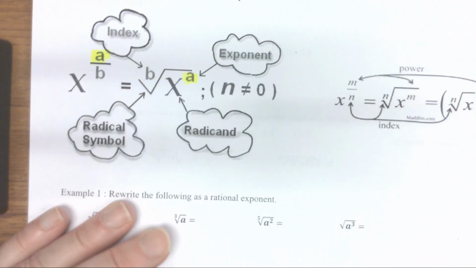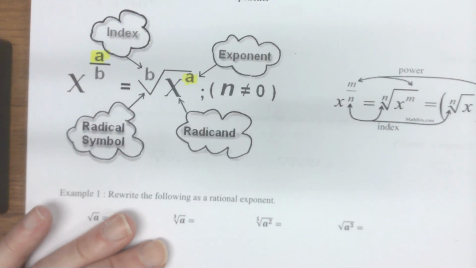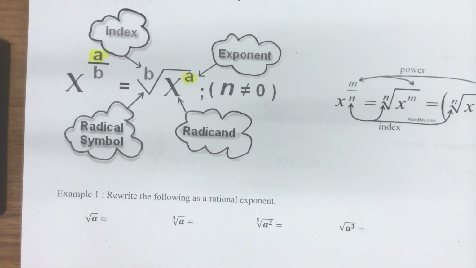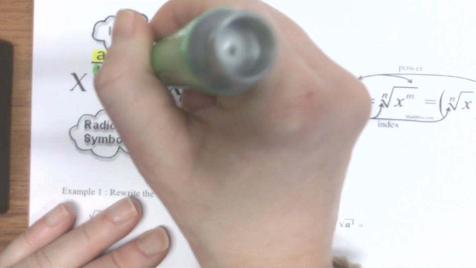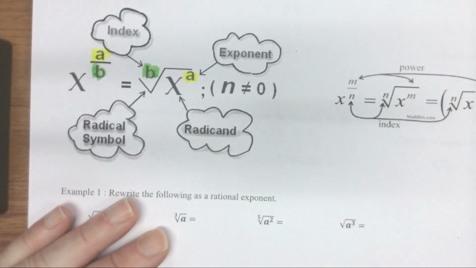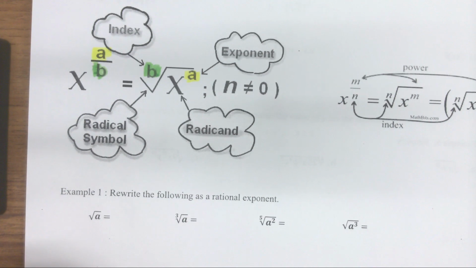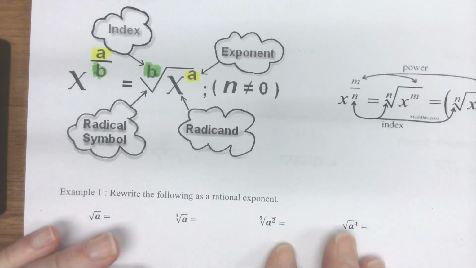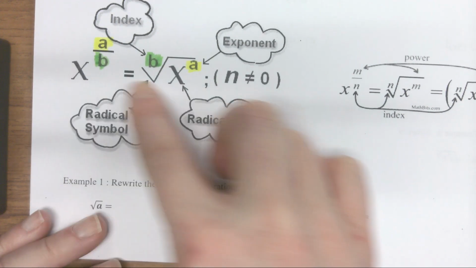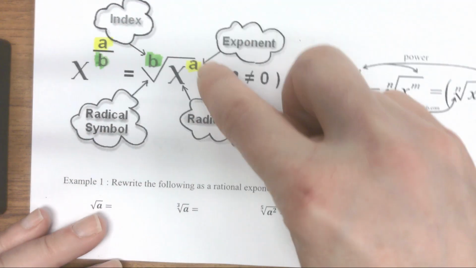Okay, so the top number is what we're raising it to. And this bottom number is the root. All right, so these are equivalent things. The top number is the exponent, the bottom number is the root.